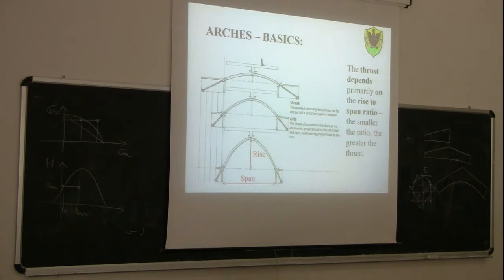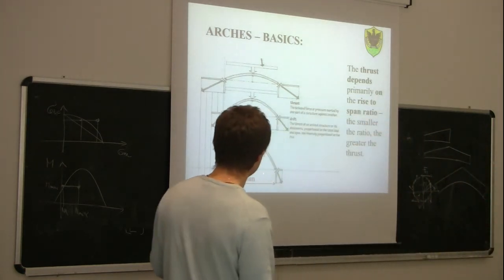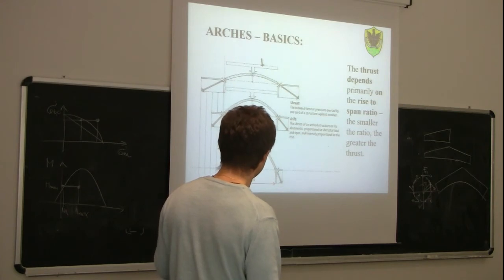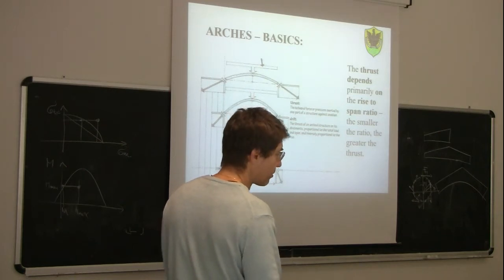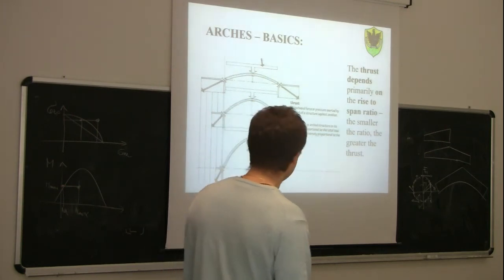So how does the compression force within the arch, and also the restraint reaction, vary as we change the geometry of the arch? So on the same span, we decrease the rise of the arch. So we start with an arch characterized by a high rise, and then progressively we reduce the rise. So we change the form, the shape. So how is it going to change the compression force within the arch?